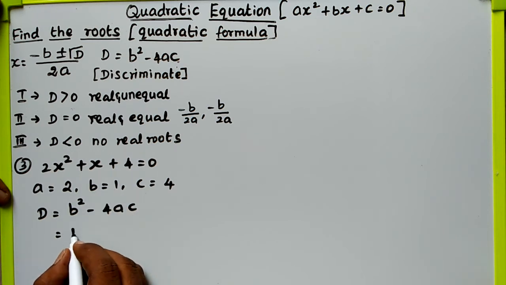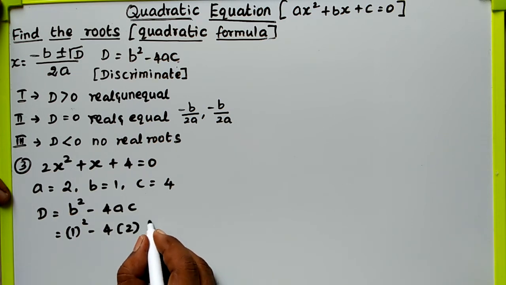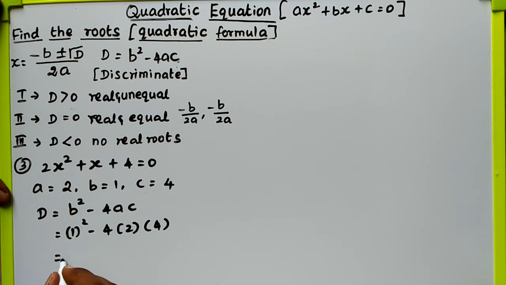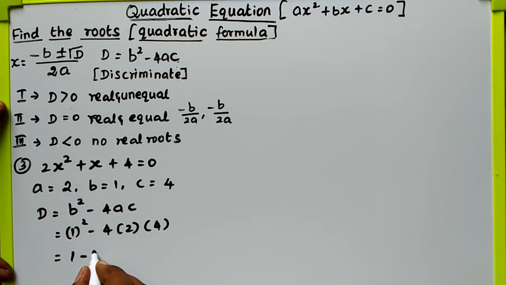So 1 square minus 4 into a value 2 and c value 4. 1 minus 4 into 4 is 16, 16 into 2 is 32. So D equals minus 31.